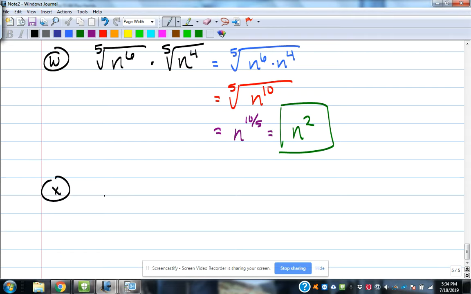We did one like this earlier with numbers. Let's do one with letters. Let's do the 6th root of a over b to the 12th, and let's see if we can simplify that a little bit.